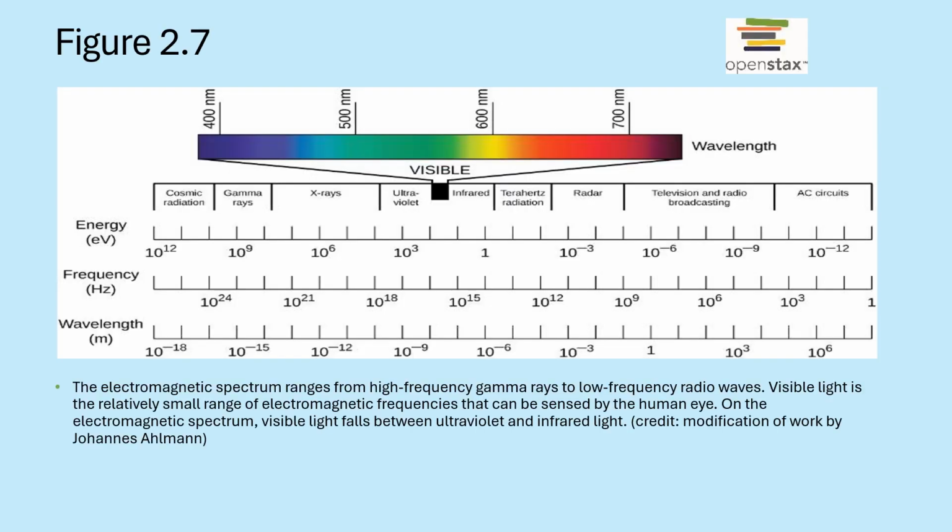The visible light is just a tiny small portion of the spectrum of electromagnetic waves. It's just this little tiny section right here that we're looking at. And as you can see, within that visible light span, you've got different measurements of the wavelengths. You hit different colors.